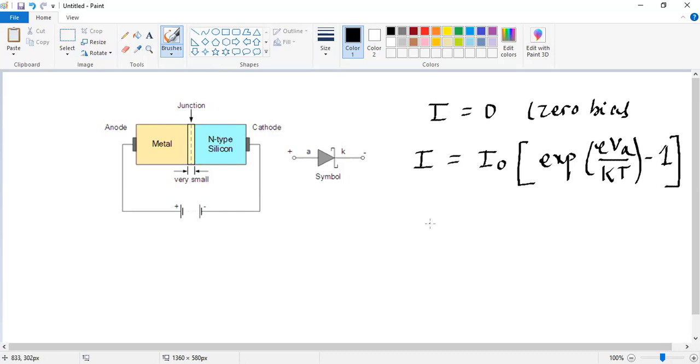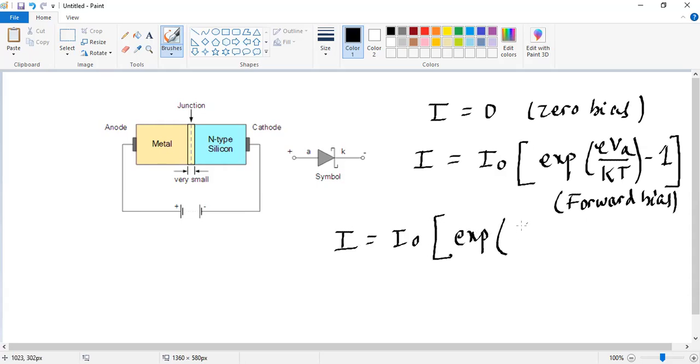This was the current value for forward bias. And for reverse bias, we got I equals I naught e to the power minus eVR, the reverse voltage, over kT, minus 1.